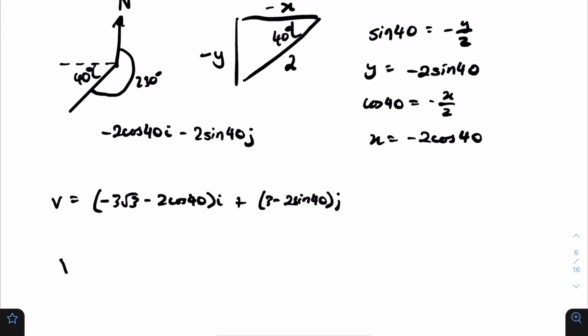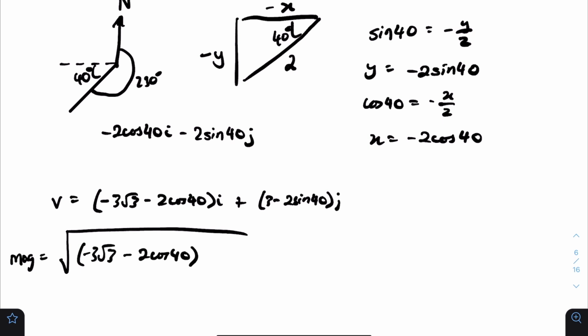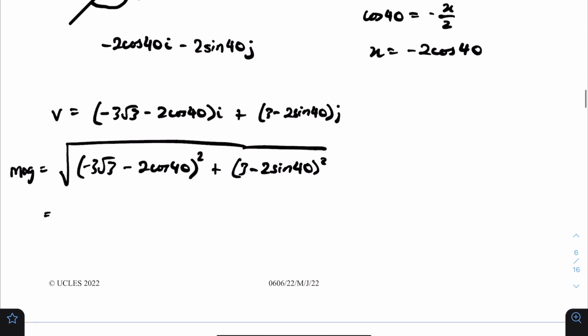So the magnitude is equal to the square root of negative 3 root 3 minus 2 cos 40 squared plus 3 minus 2 sine 40 squared. And if we just get a calculator out to do this, so I'm just going to write this down.